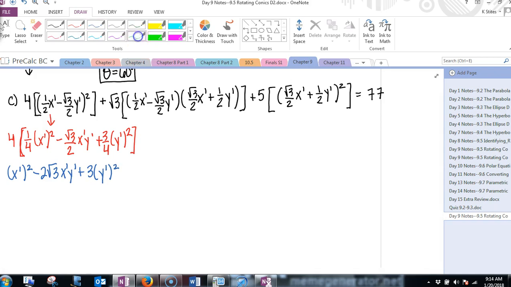Now, this is the part you need to be careful about. Because the one we started in class, you had difference of squares, and it was very easy to FOIL, and you had no xy term. But that is not what is happening here, because your coefficients for your x's and for your y's are different. So this is just regular FOIL.